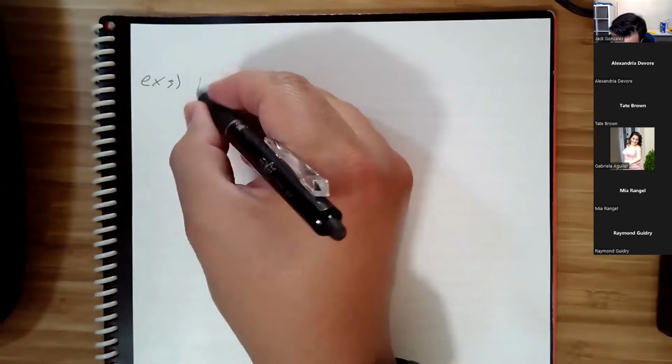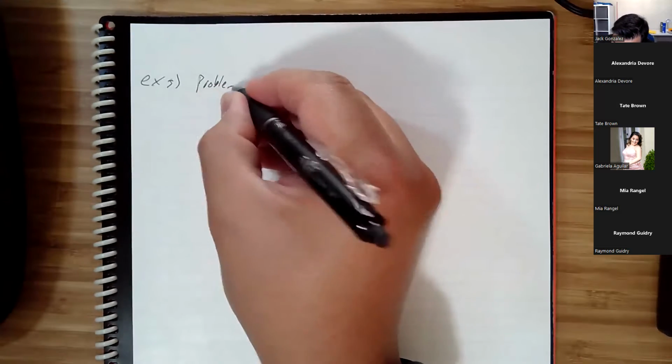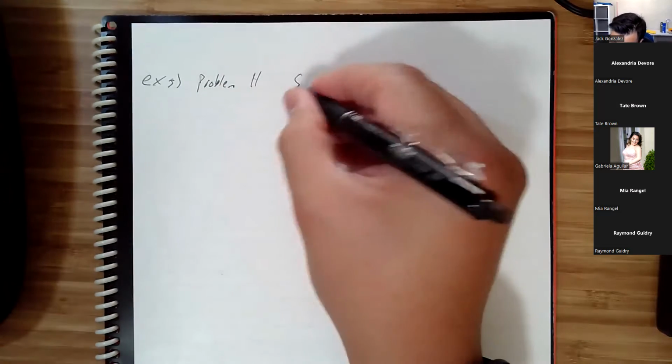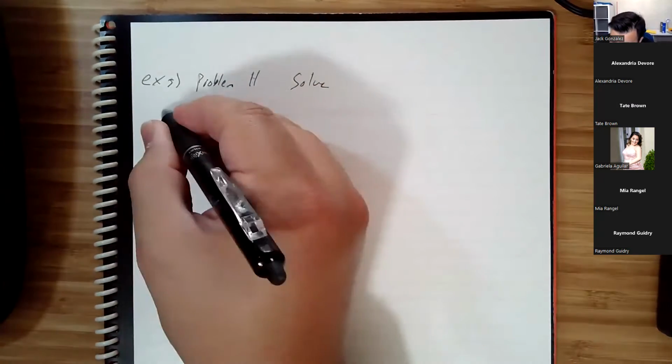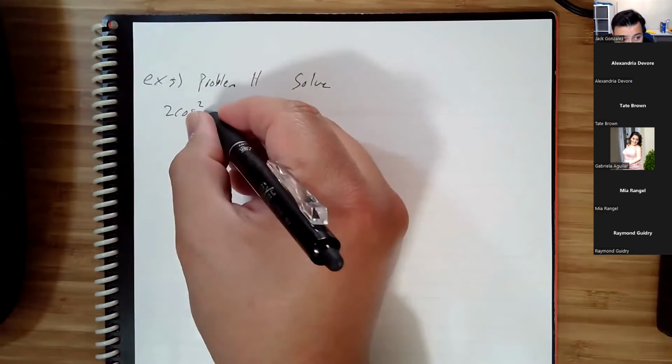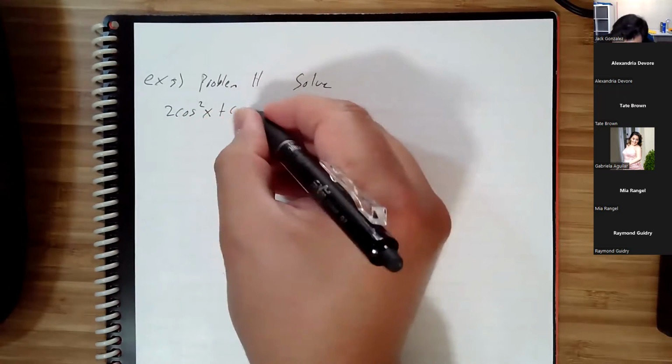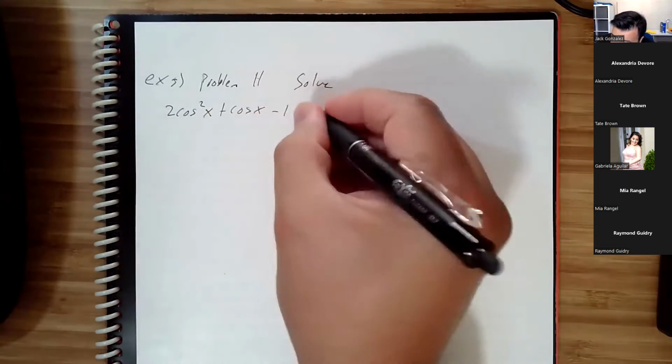Okay. So you had a type where we had to factor. Oh, the first one was just trying to isolate sine or cosine. And then somewhere you had to factor common, like a GCF. Now here is a quadratic type, problem 11. So there's 2 cosine squared x plus cosine x minus 1 equals 0.